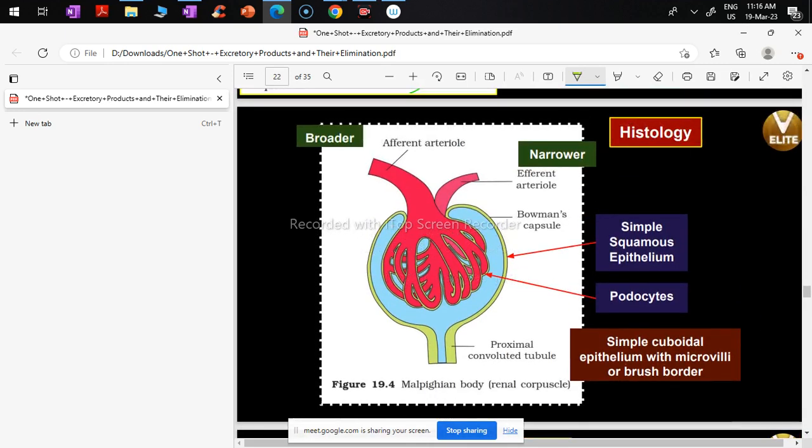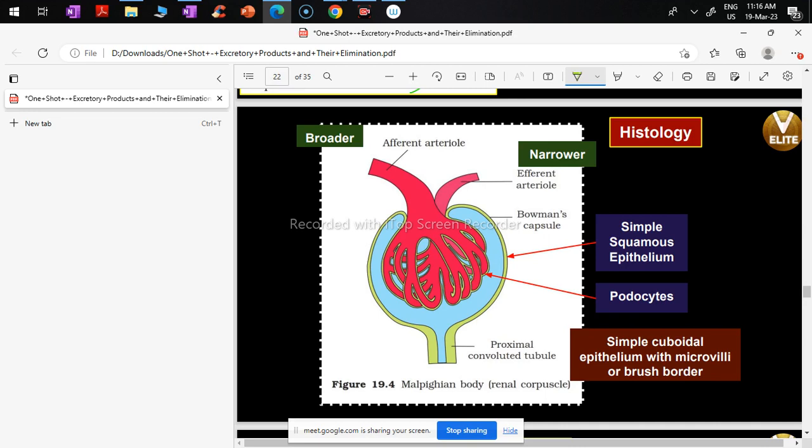Okay, let's see this diagram: Malpighian body or renal corpuscle. What is the Malpighian body? Glomerulus along with its Bowman's capsule. Between the afferent arteriole and efferent arteriole, see in this diagram which one is broader and which is narrow.